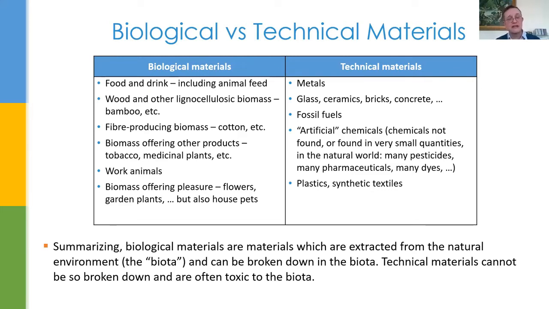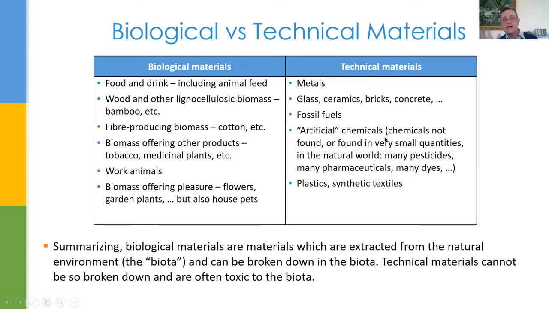But summarizing, biological materials are materials which are extracted from the natural environment, the so-called biota, and can be broken down naturally in the biota. Technical materials, on the other hand, cannot be so broken down in the biota and can be toxic to the biota.